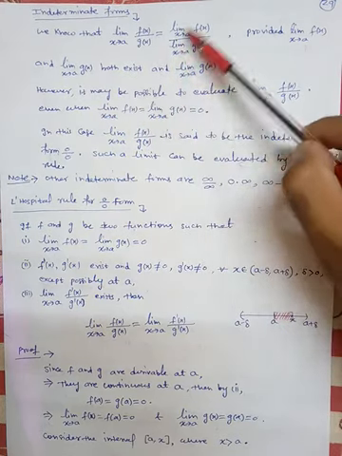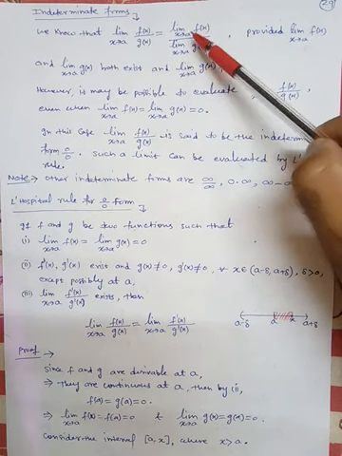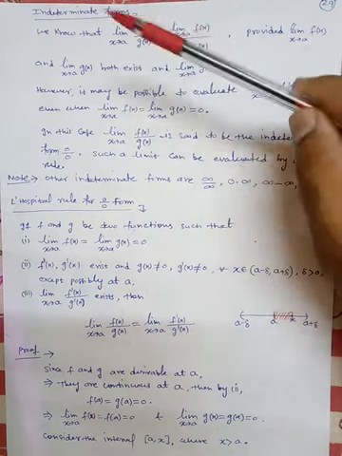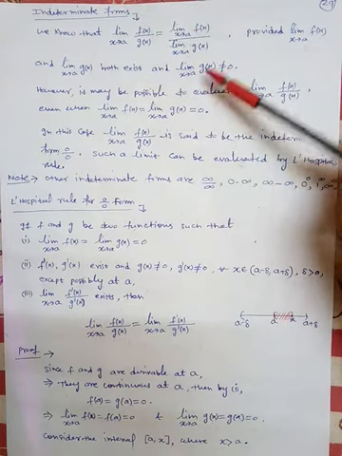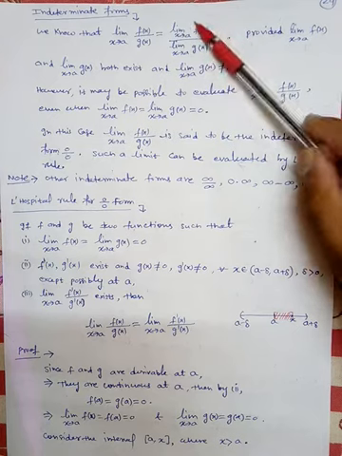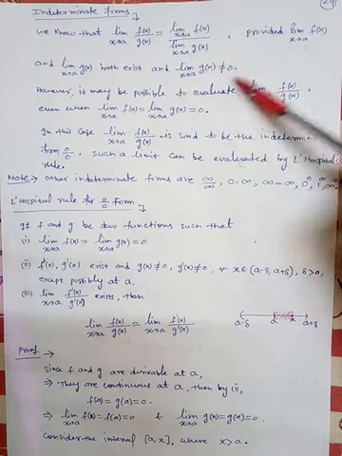So both limits should exist for the existence of this limit, and limit x tending to a g of x should be non-zero, otherwise this will be infinite. So this is another very important condition.